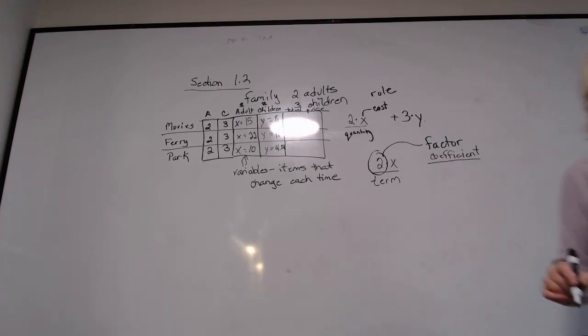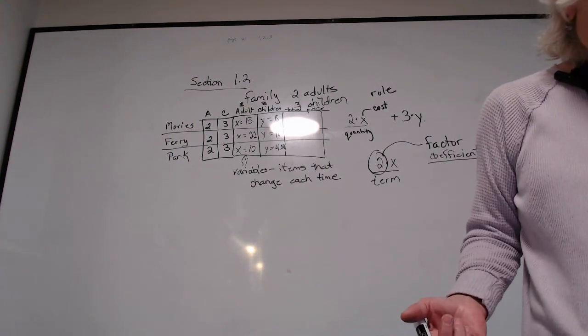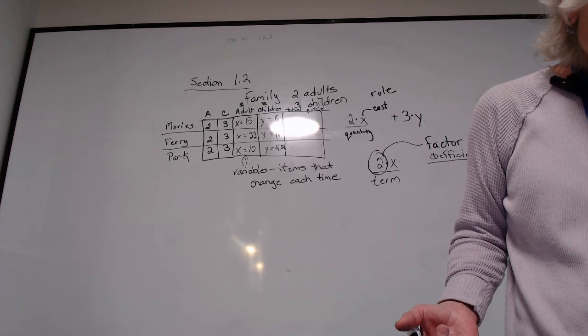You will find that there are multiple words to describe things. Just like in English, we have multiple words or synonyms. There are synonyms in math, so sometimes we use different ones. I will let you know what I'm going to use most of the time, okay, so that we can know that.